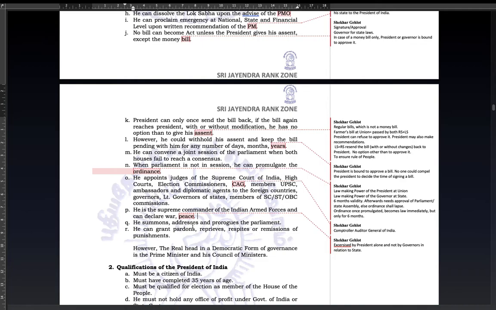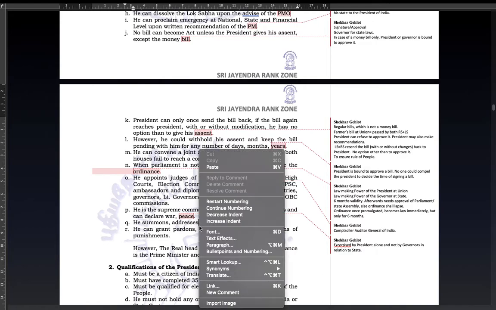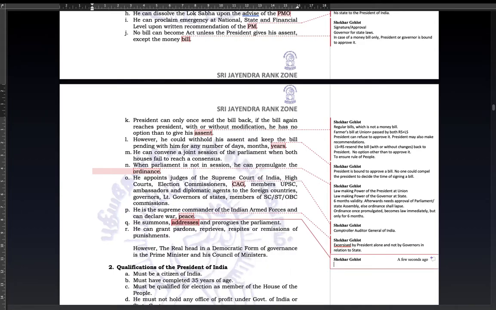He summons, addresses and prorogues the parliament. He will summon the parliament. So whenever parliament is not in session, then parliament will come into session only when the president wants it to sit together. Okay, he'll summon the parliament, Lok Sabha and Rajya Sabha, to come and sit together. He addresses the parliament every year beginning.